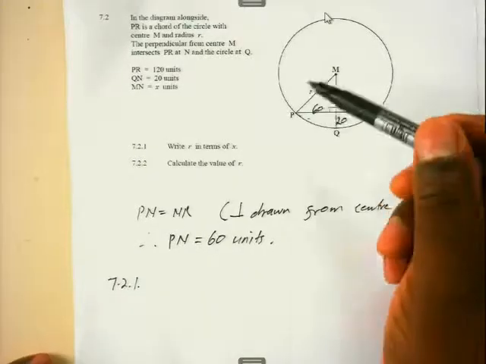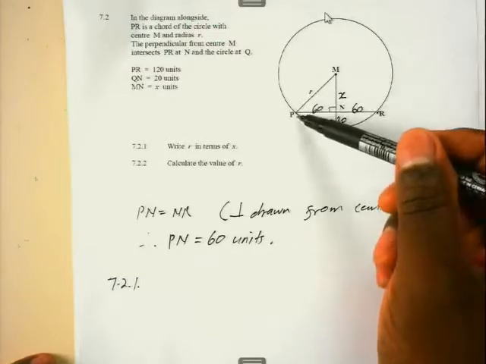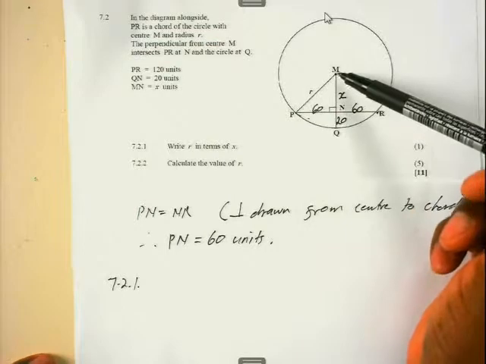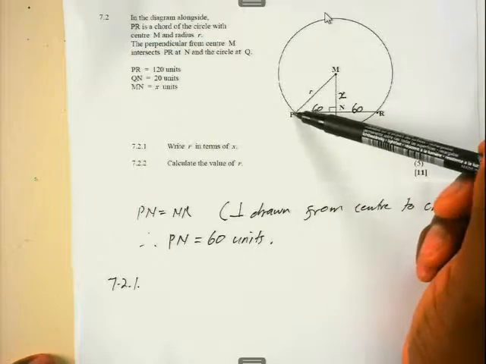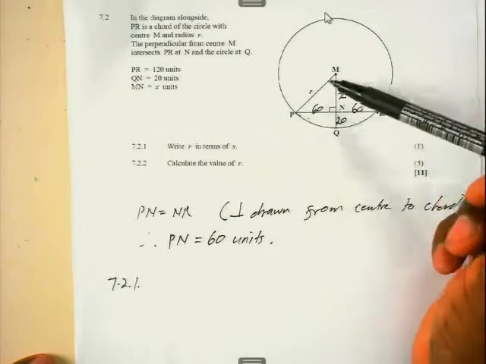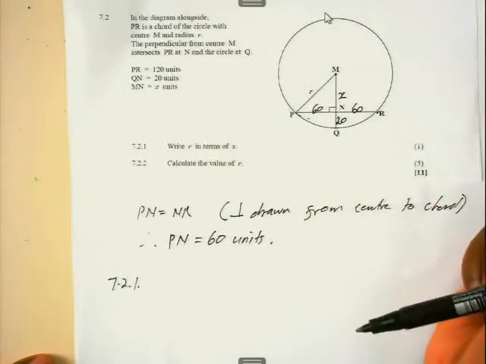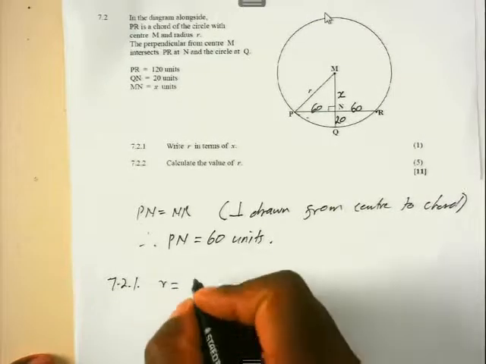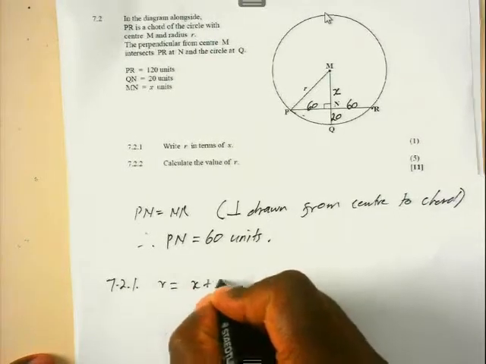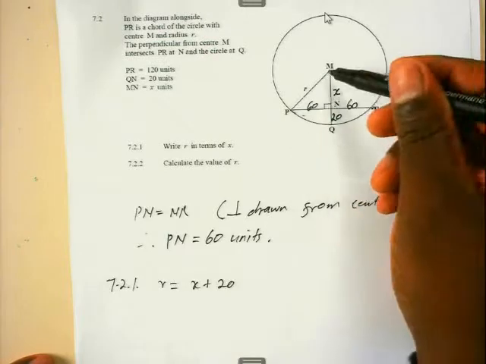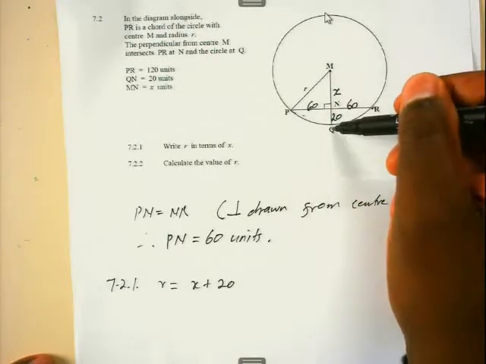Check. What does R represent? The radius. And by definition, the radius is the line from the center of the circle to the circumference. So if you check, MP is the radius. MQ is also the radius, meaning that R will then be equal to X plus 20. Why? MP is equal to MQ, and they are both radii.